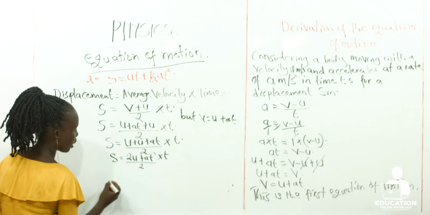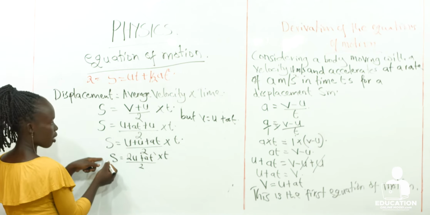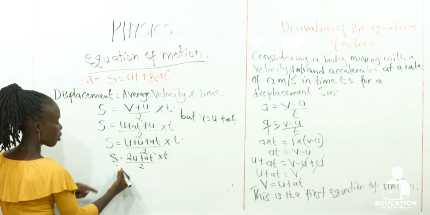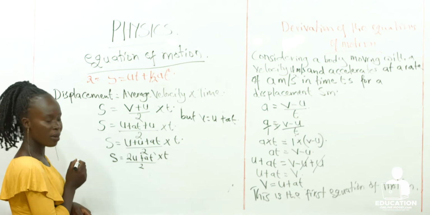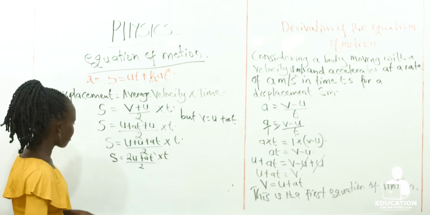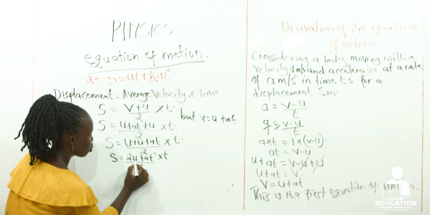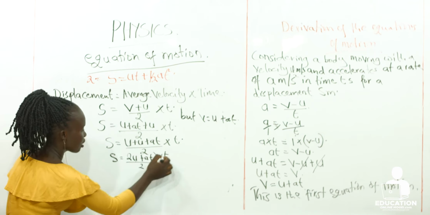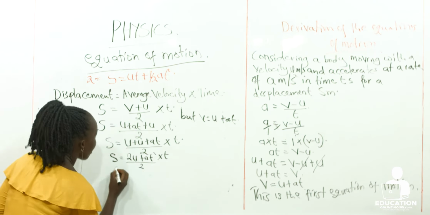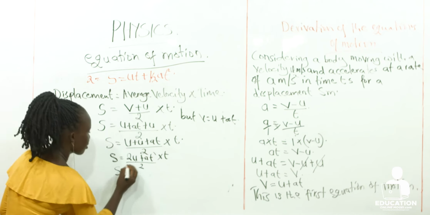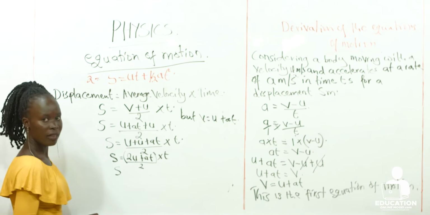Now we are multiplying this t. So here, what do we have? We would have cross multiplied and brought this one here, but we cannot do that because we want s to remain as our subject. So we shall have something like this. Since you have 2u plus at times t, we shall have our s. Let's put this in bracket so that we multiply our t inside the bracket.